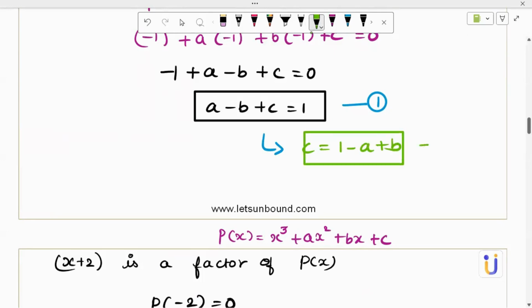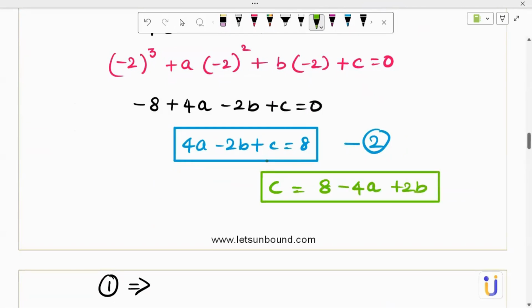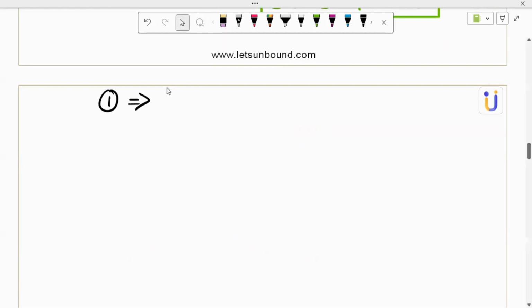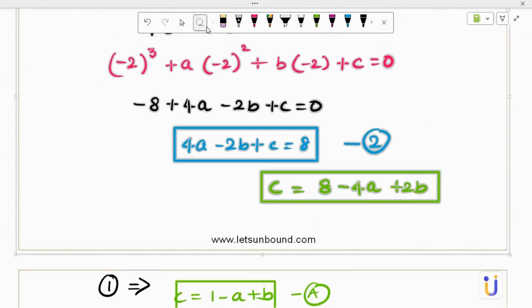And from the second equation, I can also write c equals 8 minus 4a plus 2b. And I'm going to use these two equations now.